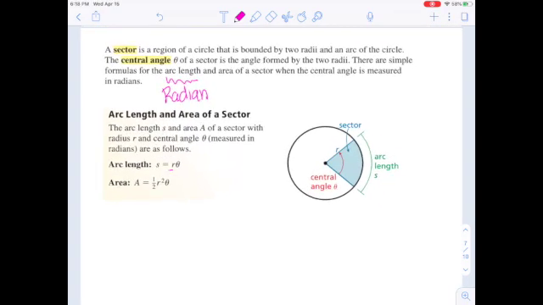This is just of any circle in general, that the arc length is just the radius of the circle multiplied by your central angle, and then the area of that sector is 1/2 r squared, which is the radius, multiplied by your central angle. And this is when your theta, your angle, is measured in radians.